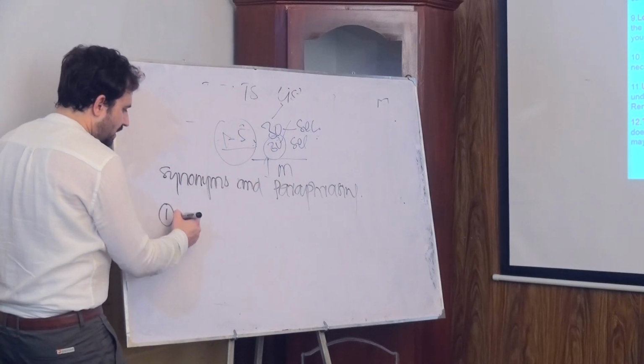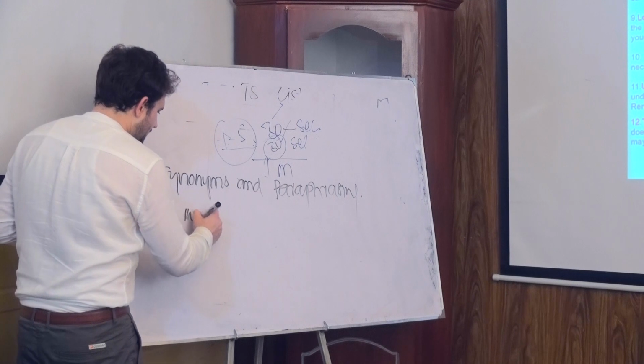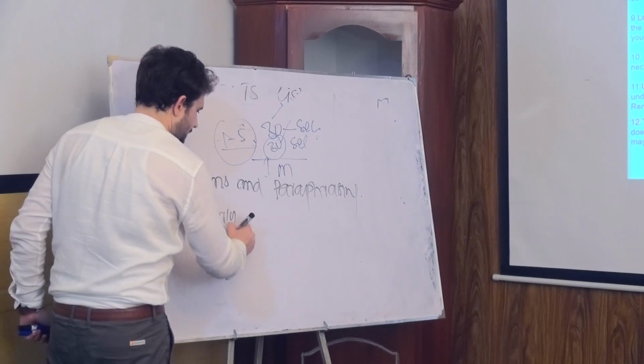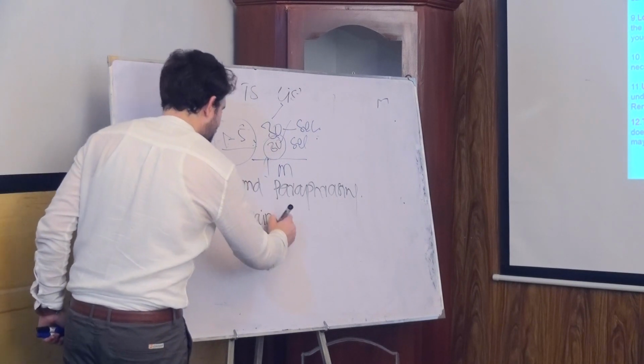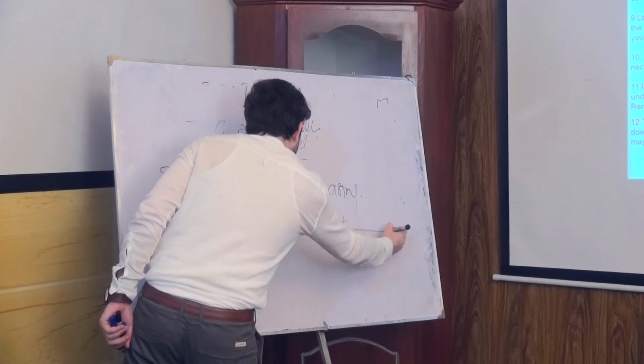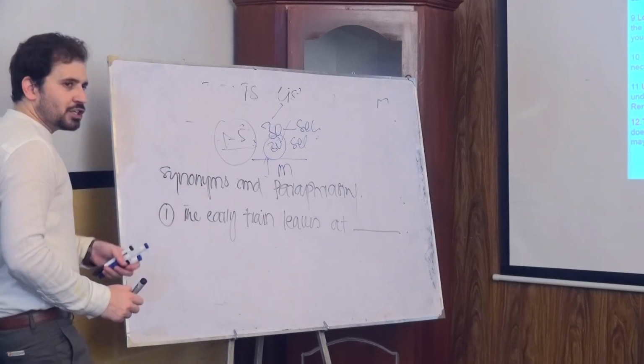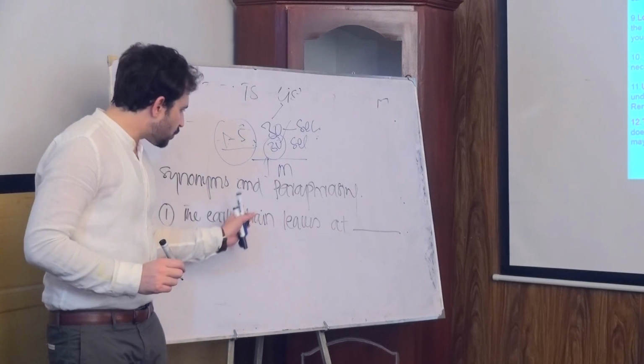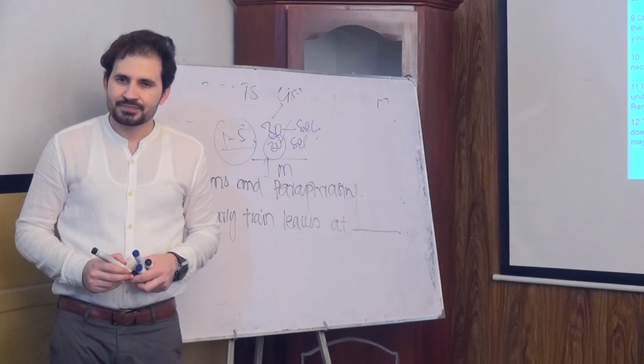For example, let me give you one of the questions. This is the number 1 question, and what they have written is, for example, "The early train leaves at dash." They have given you on the question paper, "The early train leaves at dash."